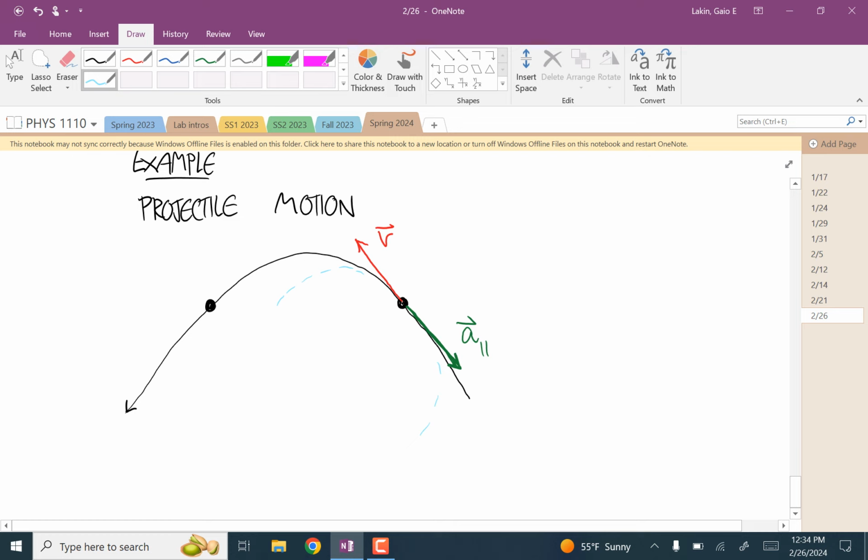It would be bigger than that, but the perpendicular part of the acceleration is this way. And so the total acceleration of the object at this instant has to be somewhere between those two directions. Okay? So the total acceleration is somewhere in there.